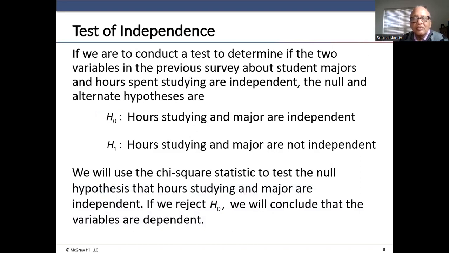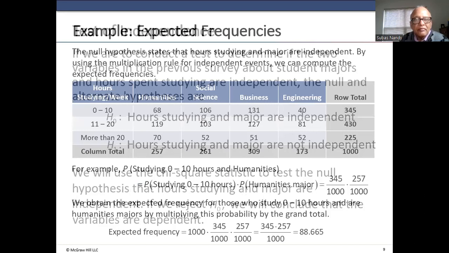Independence is the null hypothesis, the status quo, and the alternate or test hypothesis is that they are not independent. We will use the chi-square statistic to test the null hypothesis. If we reject H0, we will conclude that the variables are dependent.